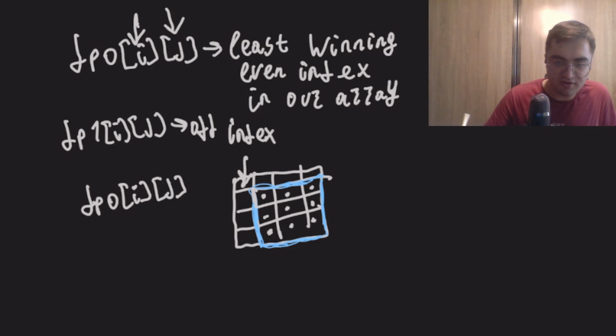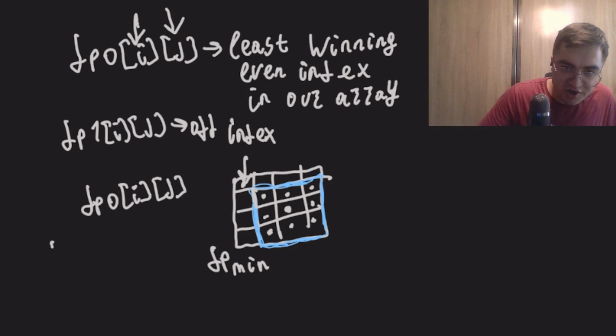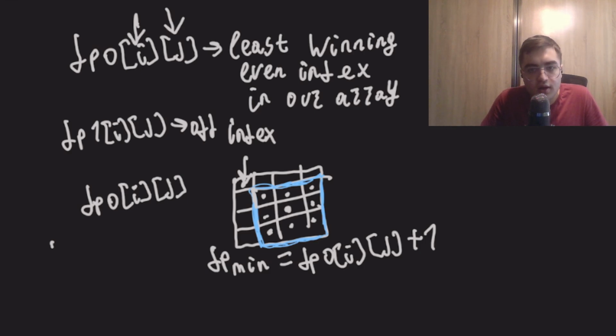Basically, what I'm trying to say is, if one of the dp1 ij's, let's say dp min, equals dp0 ij plus 1, then this means that our opponent is gonna win.